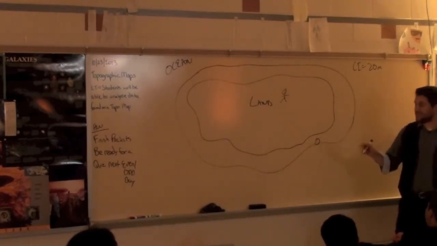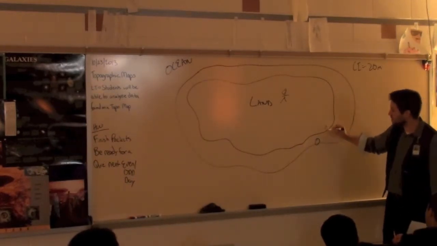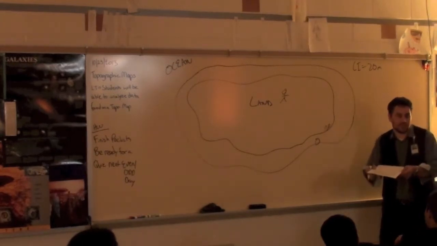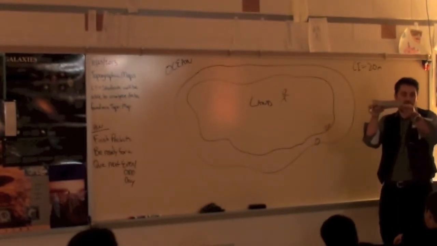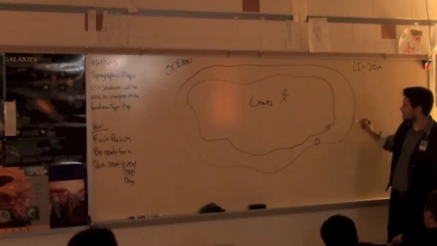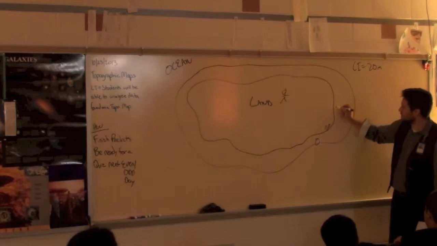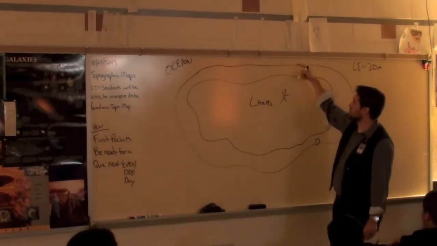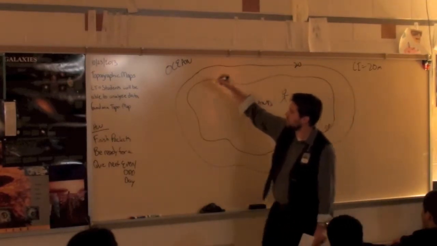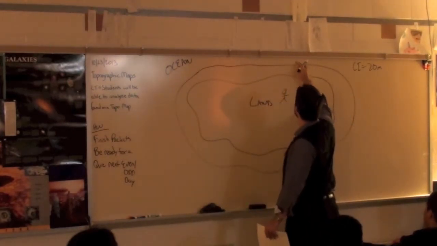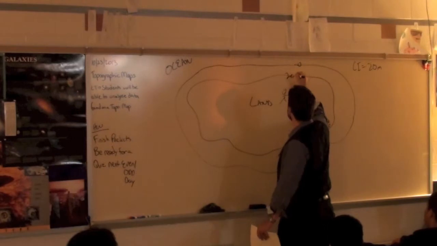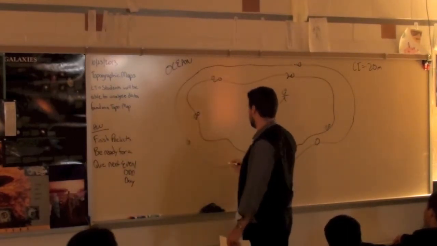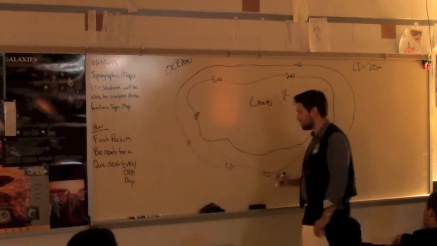That means that this contour has to be 20 because from here to here, the elevation rose 20 meters. So from here to here is 20 meters, anywhere in here is 20 meters. So this line is 20. I'm sorry, I wrote that completely wrong. This line is 0, this line is 20. 20, 20, 0, 0, 0. You see how this works?